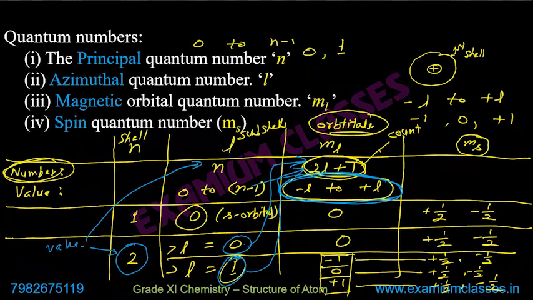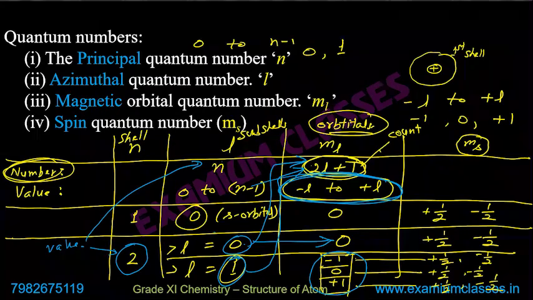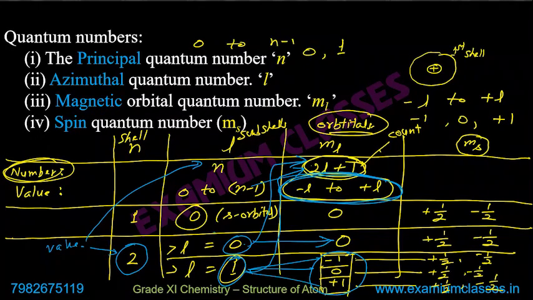They can share the same regions, but they will have their own orbitals and own electrons. These orbitals will not be shared by any other subshell. This orbital is exclusively of l equals 0. These 3 are exclusively of l equals 1 of the second shell.